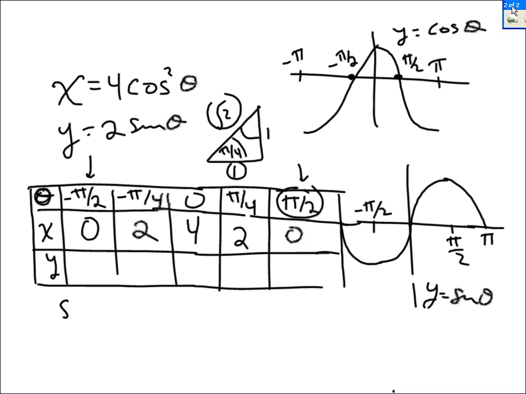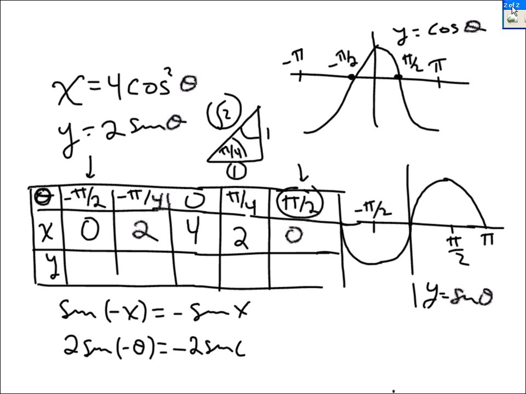Now, remember that the sine of negative x is negative sine x. So 2 times the sine of a negative angle is negative 2 times the sine of the positive angle. That is, this answer here and this answer here will just differ by signs. Same with those two. They'll just differ by signs because the angle differed by signs.